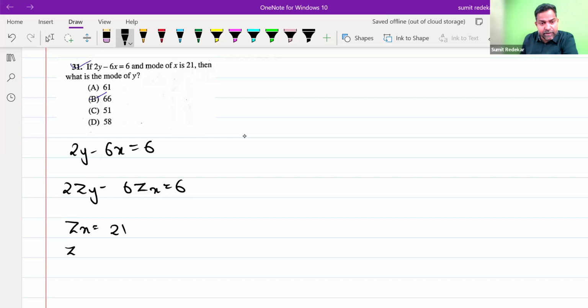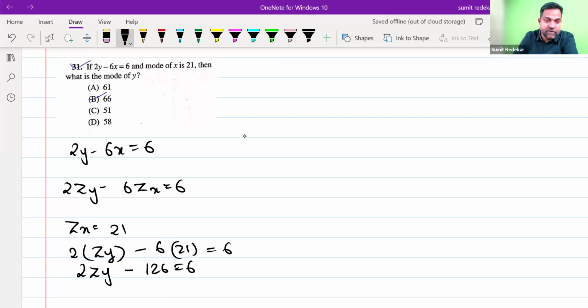Then 2 times the mode of y minus 6 times the mode of x is equal to 6. So that's 2 times the mode of y minus 6 twenty-ones are 126 is 6.